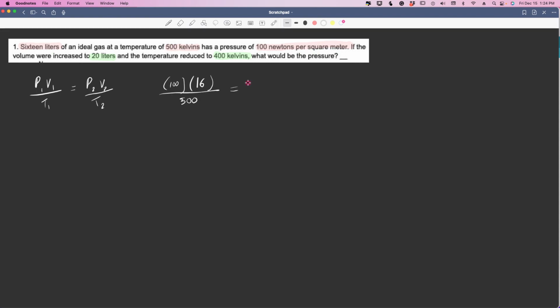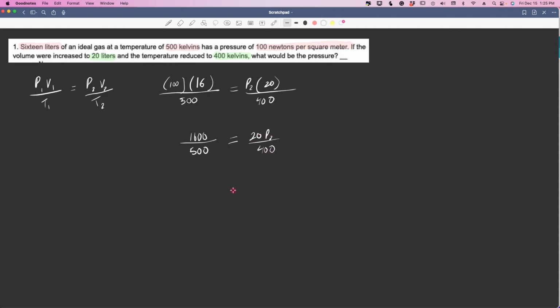We're looking for the pressure, so P2 is what I'm looking for. My volume is 20, and my temperature is 400. So now I can solve. That would be 1600 over 500, and that would equal 20 P2 over 400.